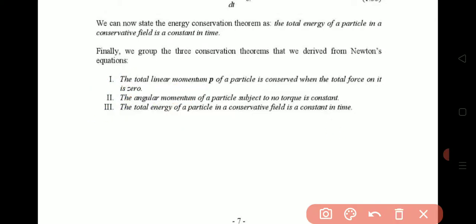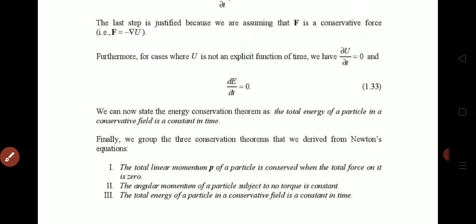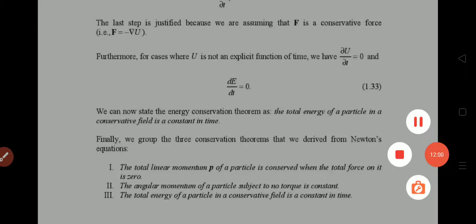This was all about the mechanics of a particle. In the next video we will discuss the mechanics of a system of particles, or the conservation theorems of a system of particles. Okay, thank you for watching this video.